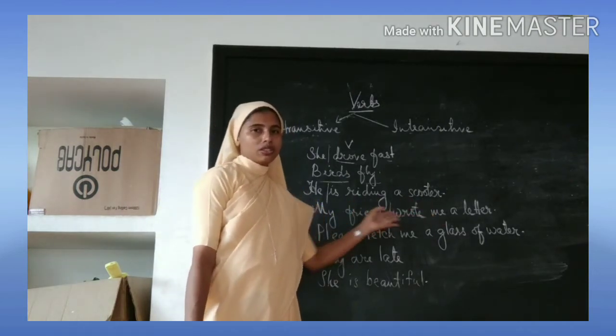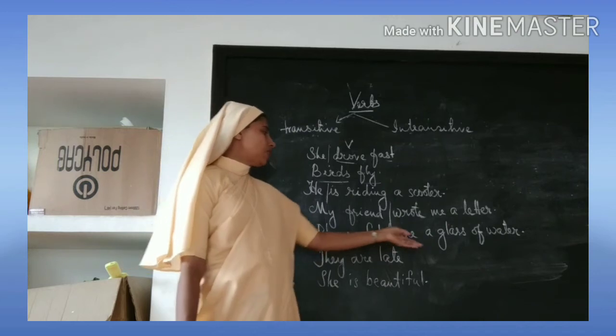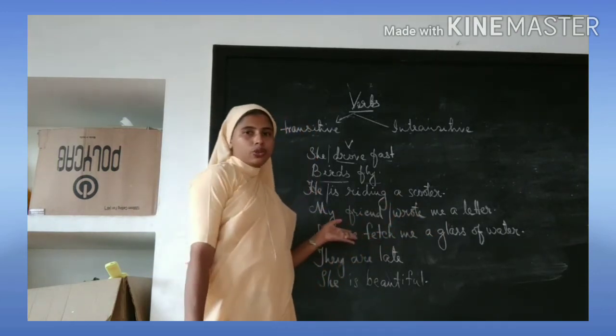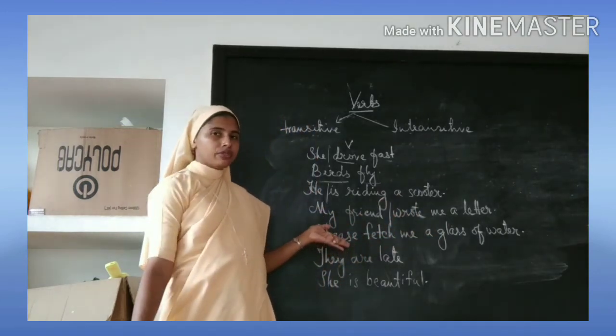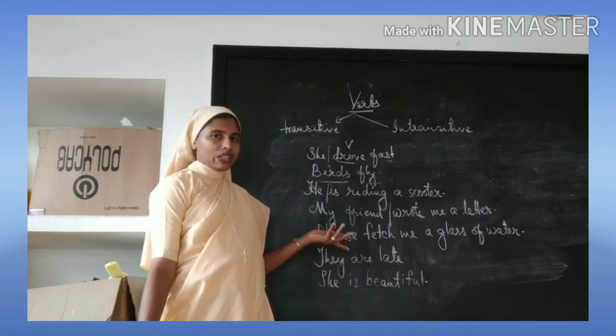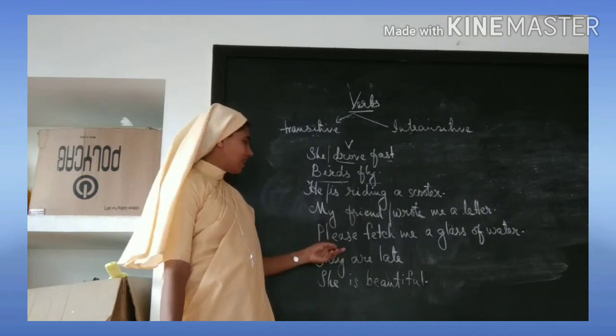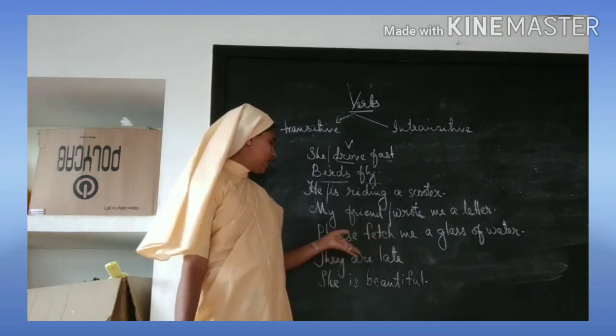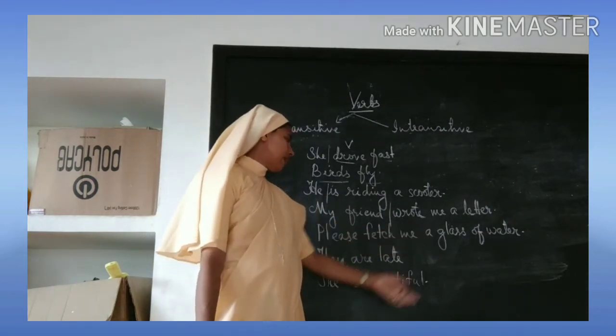It has an object. Next sentence: please fetch me a glass of water. You know that is in the category of request, that means an imperative sentence. Please fetch me a glass of water.